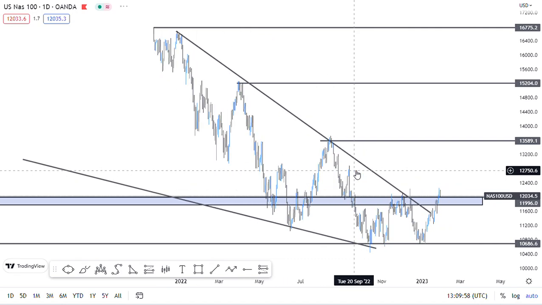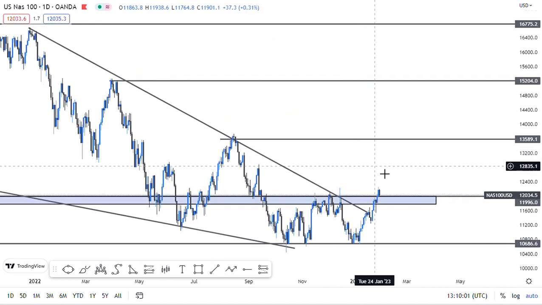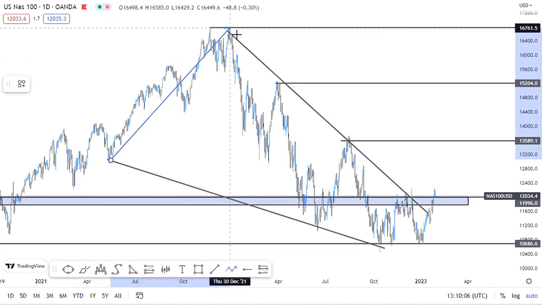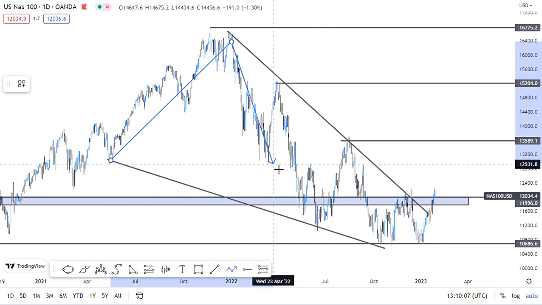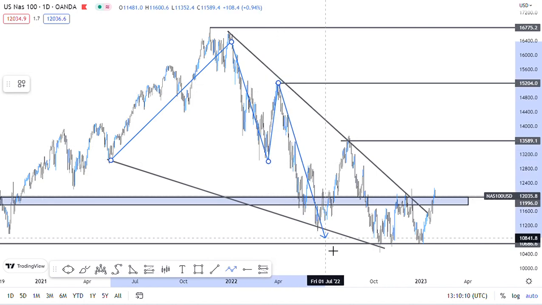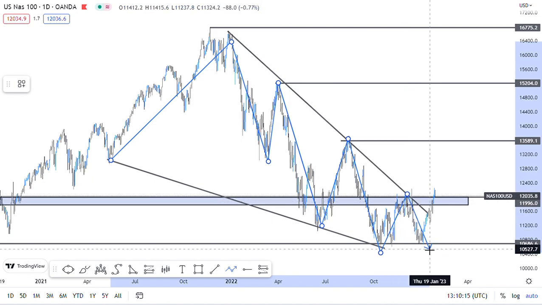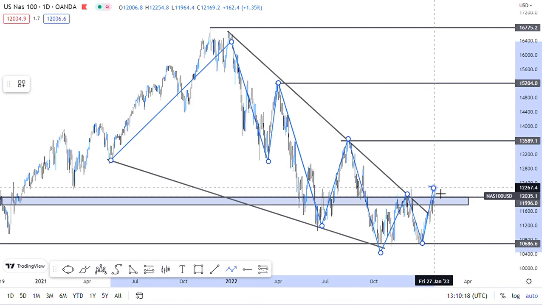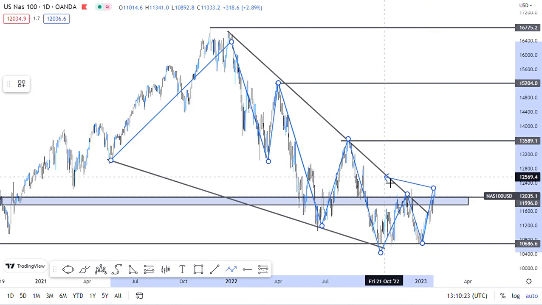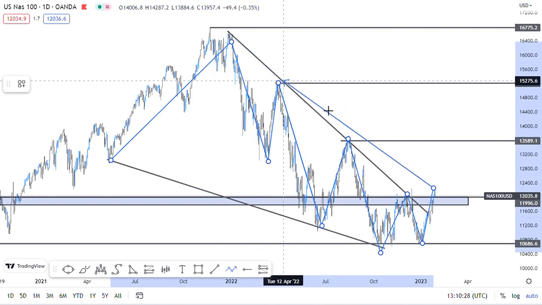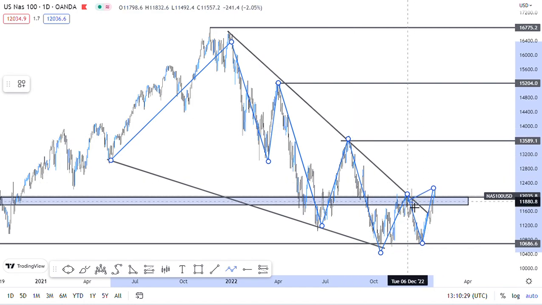So what am I seeing in the daily time frame? First look at this falling wedge. Now, as you can see, this upper trend line, this resistance trend line, has been respected from here, here, here, and then here.